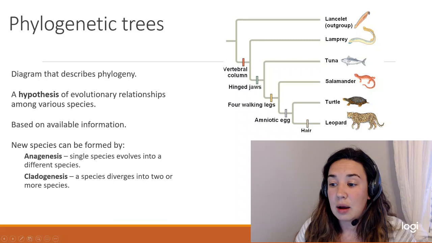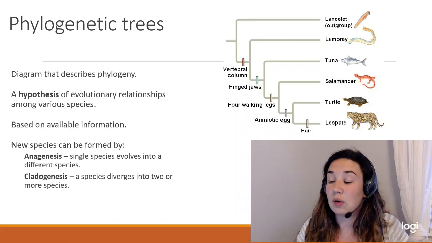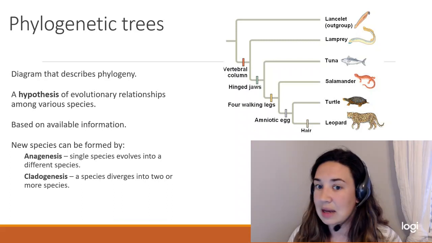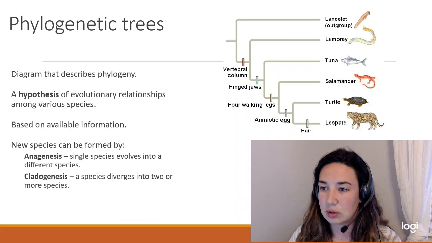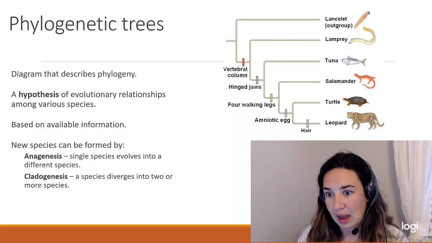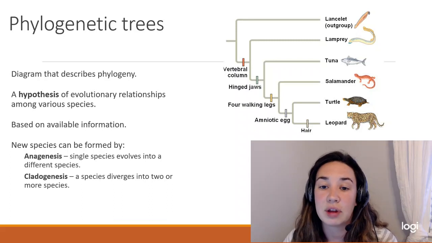So when we talk about phylogenetic trees, in short, it's a diagram that describes the phylogeny or the evolutionary history. It's a diagram you can physically look at to see where a specific organism is evolving from.